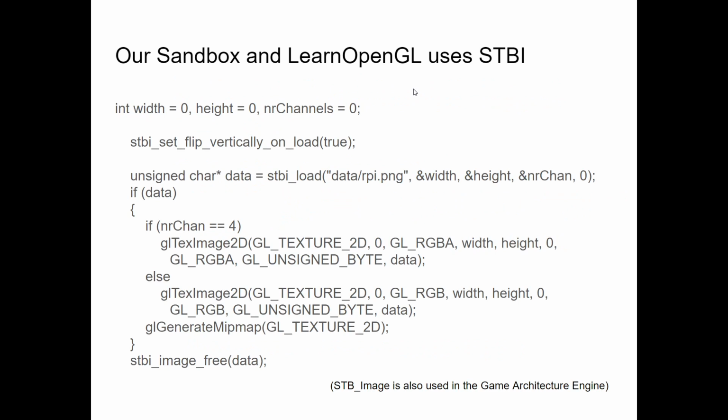In our case, in the sandbox and Learn OpenGL, we use STBI, the simple image library. I can't remember the full name off the top of my head. It's also a common one.